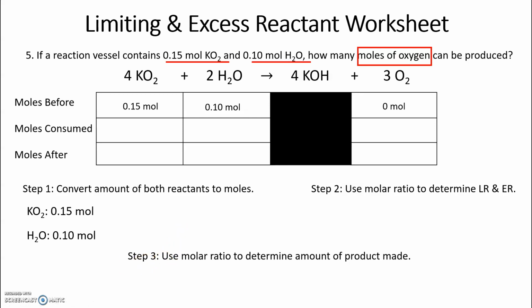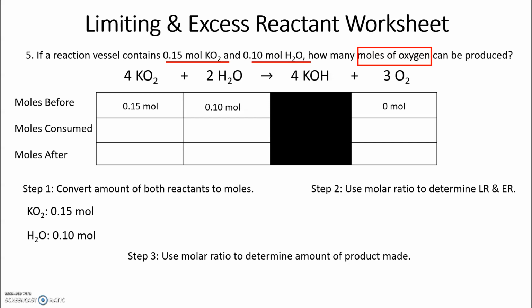Next, you'll see that I blacked out the table underneath KOH, and that's simply because the problem does not ask anything about KOH, so there's no need to worry about it. And then underneath our oxygen on the product side, you'll notice that I filled in a 0 because the reaction hasn't started yet, so no product has been produced quite yet. So that's going to be a 0.